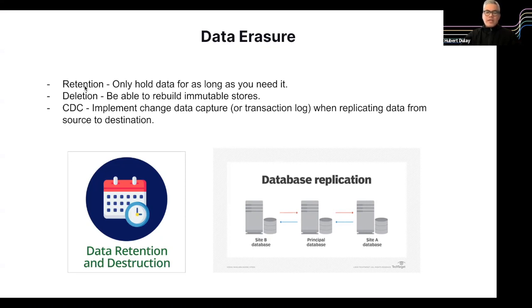A lot of systems out there, like Kafka, for instance, have a default retention. It will start to purge old data. But there are other things that are a bit harder to erase. For instance, your data in your data lake or data warehouse.